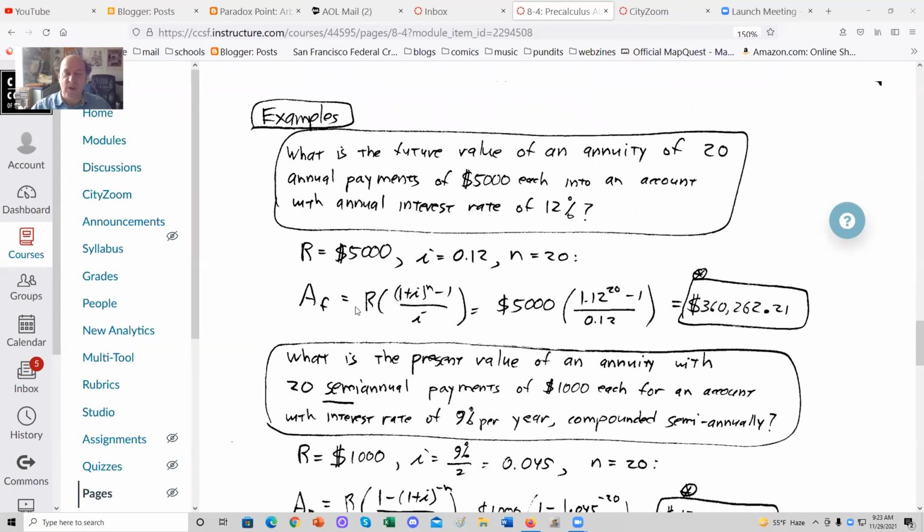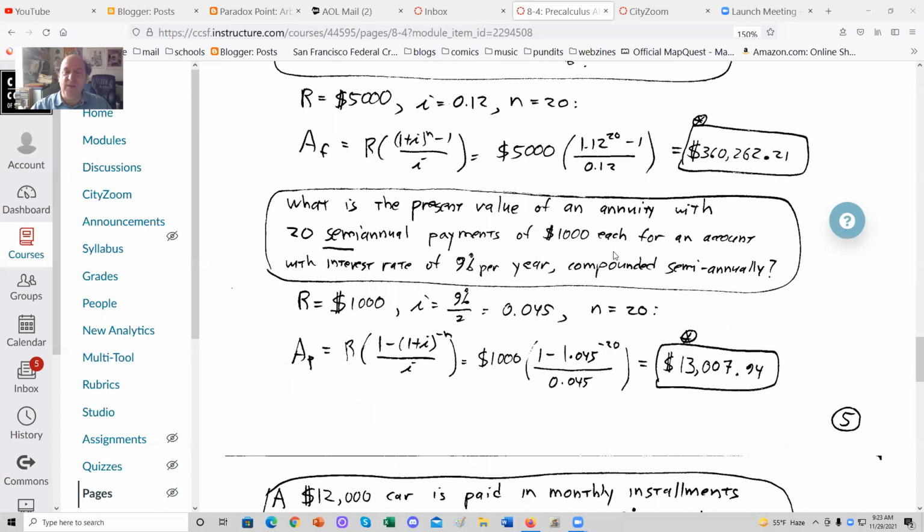So the future value is R times (1 plus i) to the n minus 1, over i. That's 5,000 times (1.12 to the 20th minus 1) over 0.12, and after some calculation, it's $360,262.21. I must say that 21 cents is probably excess precision.